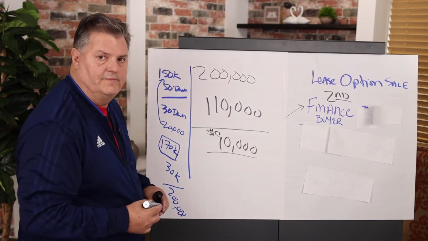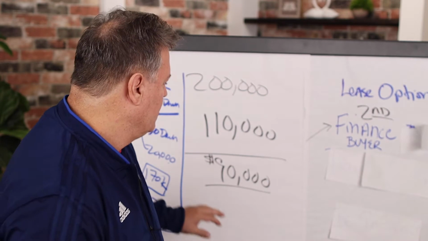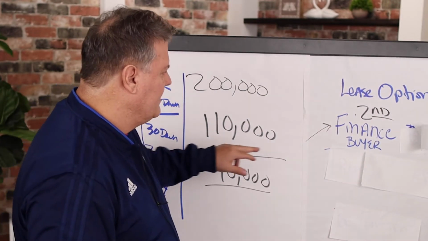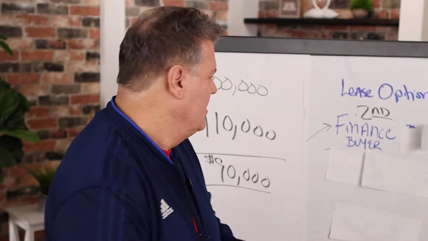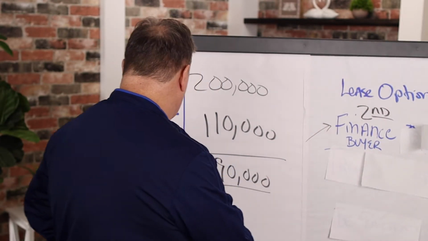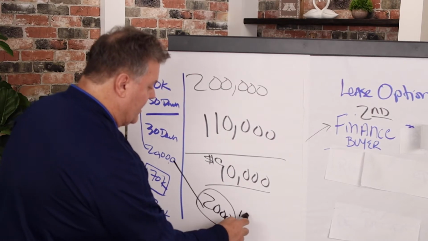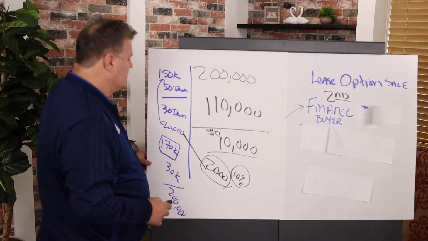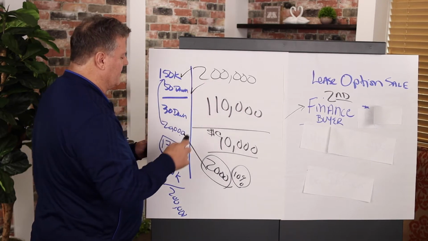You follow? Okay, so what that means in real life is that you're going to create cash on this $20,000, and maybe you're going to charge them, I don't know, 10%. So you're going to get $2,000 a year in interest at 10% for your second. So they're going to have two payments. They're going to have their first loan and their second loan.